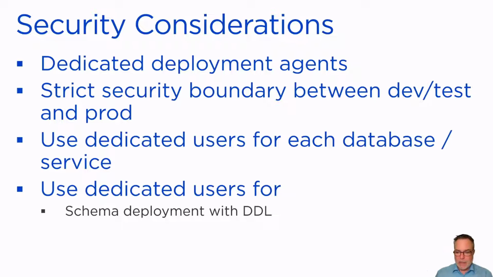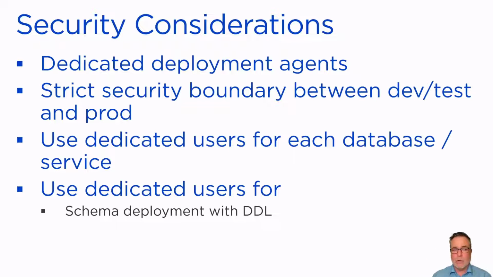So let's assume we have two backend services, both accessing their own database. We actually end up with 4 users. We have a runtime user for each service, and each service user can only access its database, so that we do not have a single user accessing all the databases. We also enforce that security so that only the user has access to the dedicated database. But during deployment, as we have seen, we do the database schema deployment.